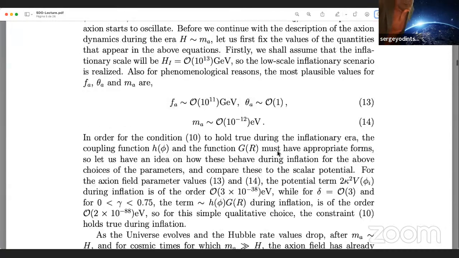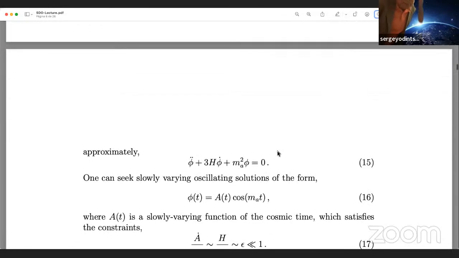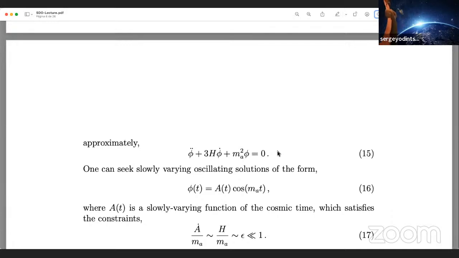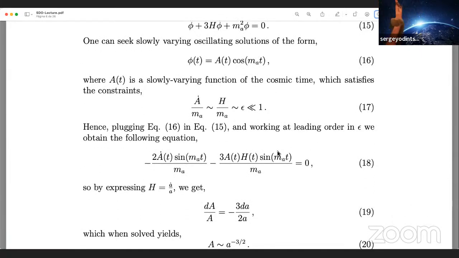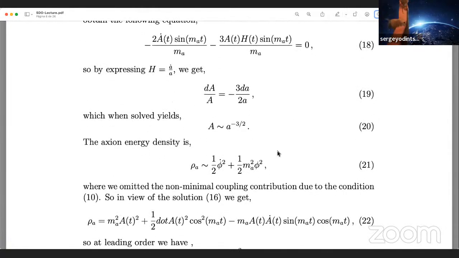We can say several words about axion field dynamics. As the massive term is just oscillating after inflation, it is a standard scalar field. As I said, because of our restriction on the non-minimal term, there is no influence here of the non-minimal coupling of the axion field with the scalar. We seek such an oscillating solution for the scalar field. Going through some simple, textbook mathematics, we work with this equation, substitute the proposed solution, and solve it, and we come to the solution for this function and for the axion energy density in the following form.